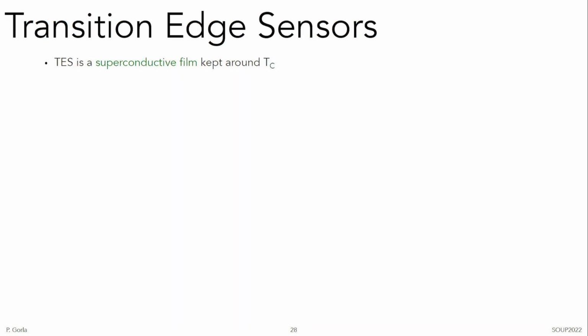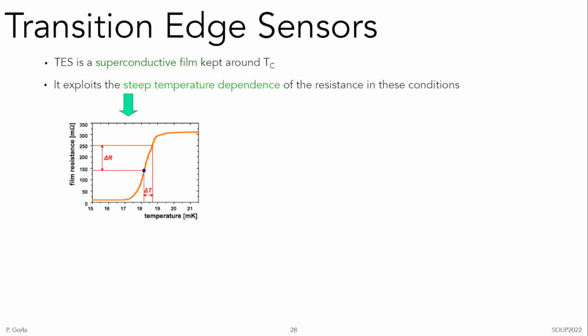The other kind of device is instead a transition edge sensor, so basically superconducting films which are kept in the transition. As you know, the superconducting transition of a superconductor is not a step function, but is some smooth decrease from the fixed value of resistivity basically to zero resistivity.